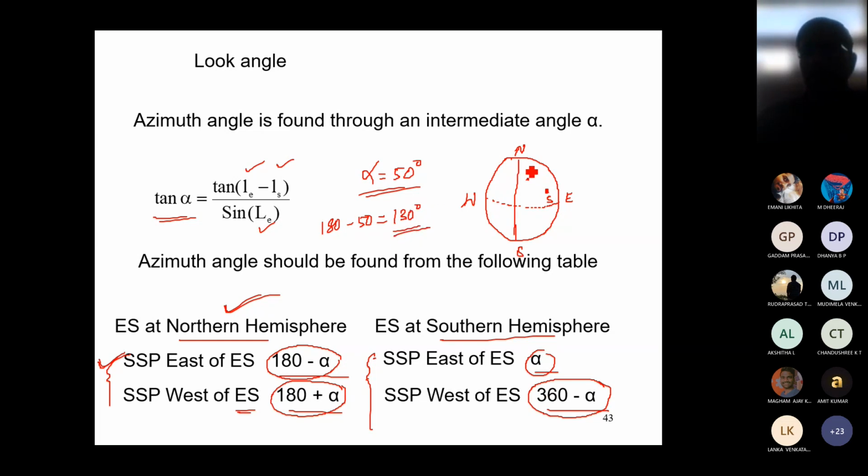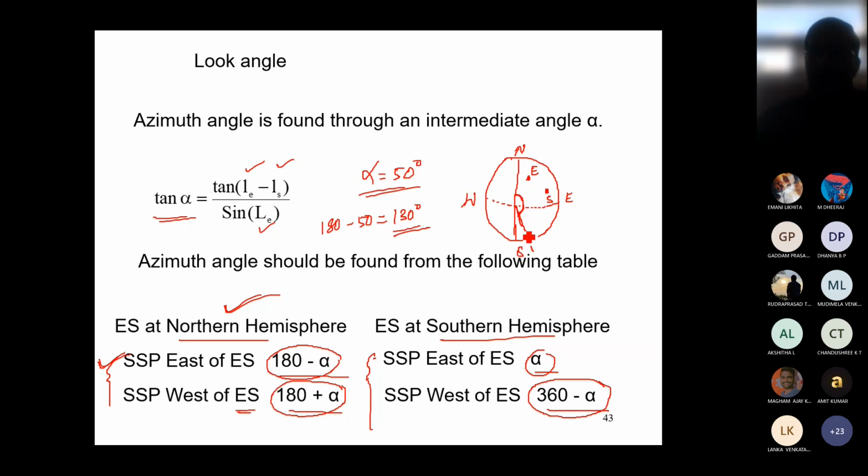This one is the azimuthal angle. I told you that the azimuthal angle will be calculated from the north. So if you calculate from the north, this one will be 90 degree, so 90 degree plus 40 degree. This line is the azimuthal angle.